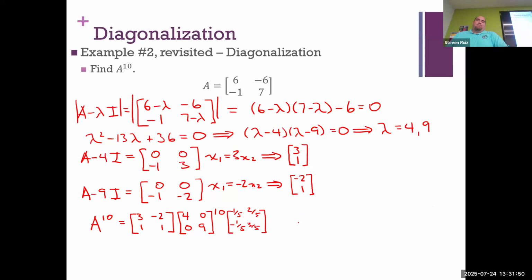Okay, touché. Then don't. This is not incorrect. 4 to the 10th is a number. So is 9 to the 10th. If some of you are computer science majors, you might know what 4 to the 10th is, but don't worry about it.